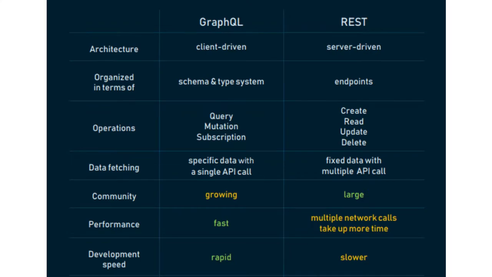So if we quickly compare GraphQL with REST API, this is how it looks. Architecture: GraphQL is basically client driven because we are making one server call and getting all the data, and based on that data we are querying and manipulating. In the REST API we have multiple server calls.